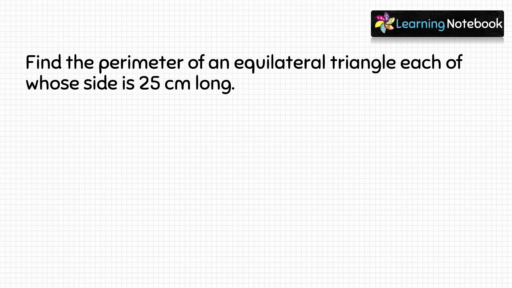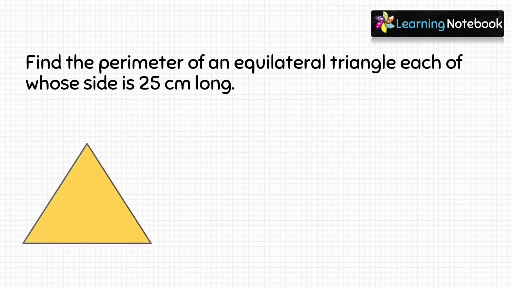And what is an equilateral triangle? The triangle whose all three sides are equal in length. So here we are given the length of one side of such a triangle as 25 centimeters.